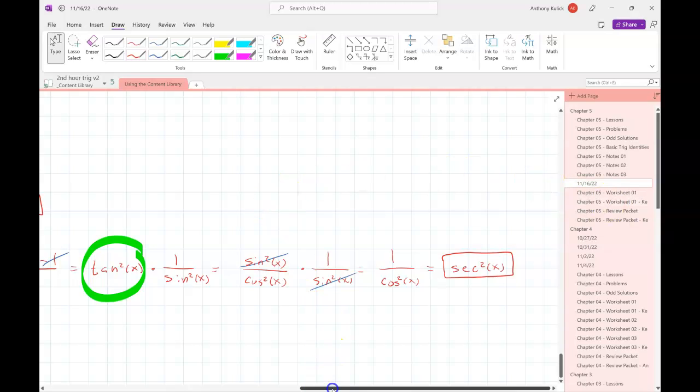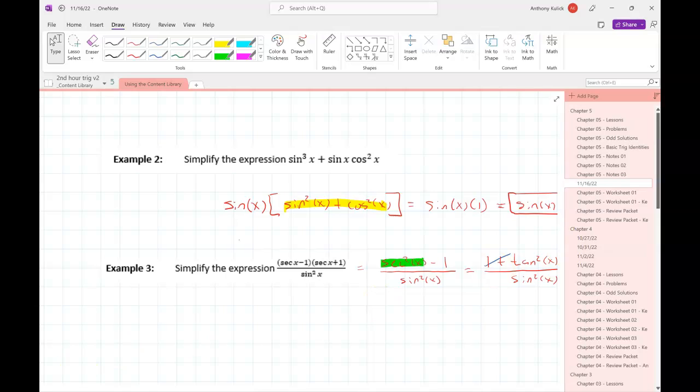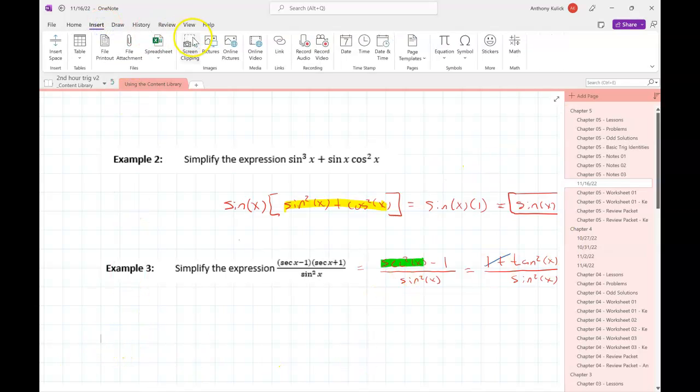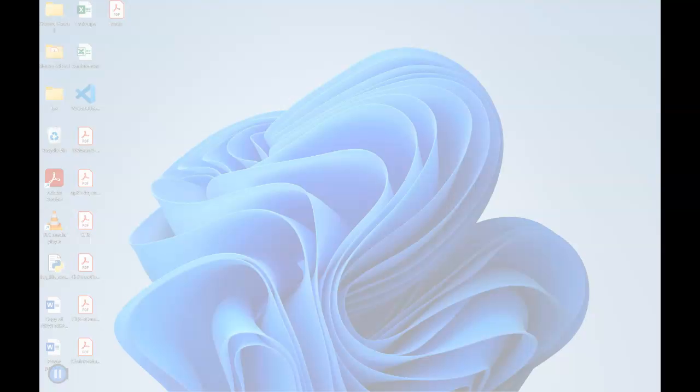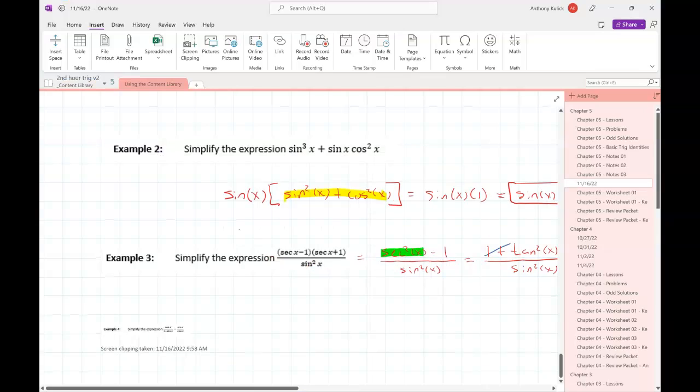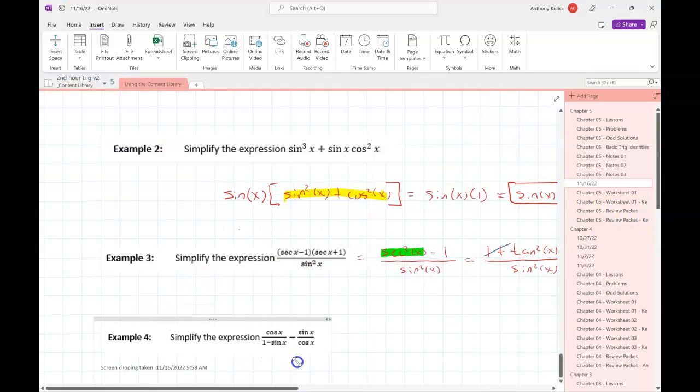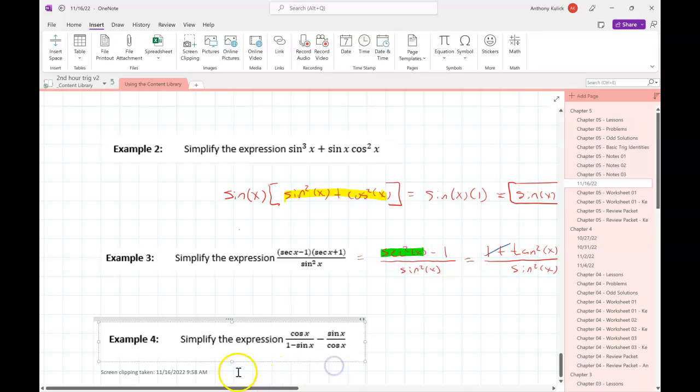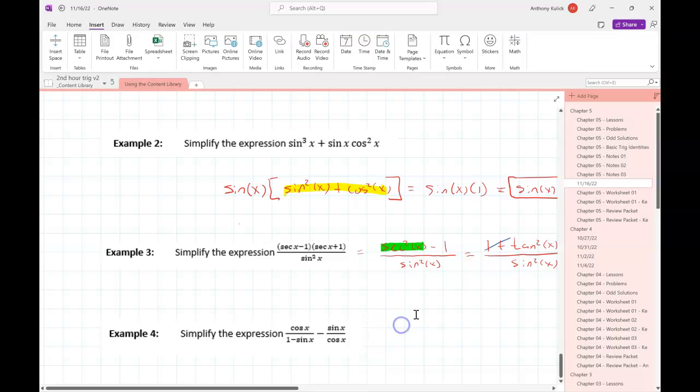Now, are these going to get easier as you do them and get more practice? They should, yes. Are they going to feel pretty hard in the beginning? Yeah. The reason they're going to feel hard is that there's not one set way to do them over and over again. They're not all going to be done exactly the same way. You're going to have to develop a little bit of intuition to see what to do.